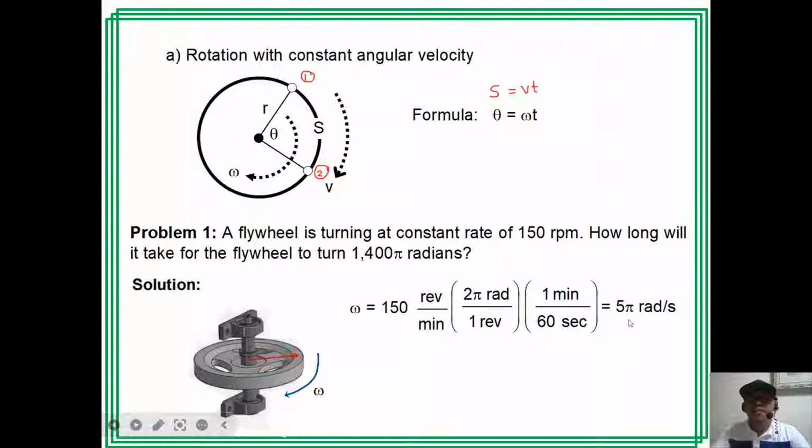That is 5 pi radians per second. Using the formula theta equals angular velocity times time, theta is 1,400 pi equals 5 pi times t. So t is equal to 280 seconds.